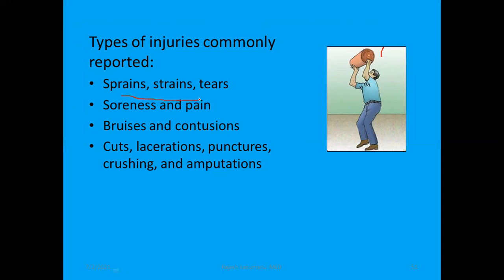Sprains, strains, tears, soreness, body headache, body pains, bruises, contusions, cuts, lacerations, punctures, crushing, and amputations. All these health hazards will occur whenever you are not lifting the load properly, right? So it should be a symmetrical type of object so that you can carry it easily.